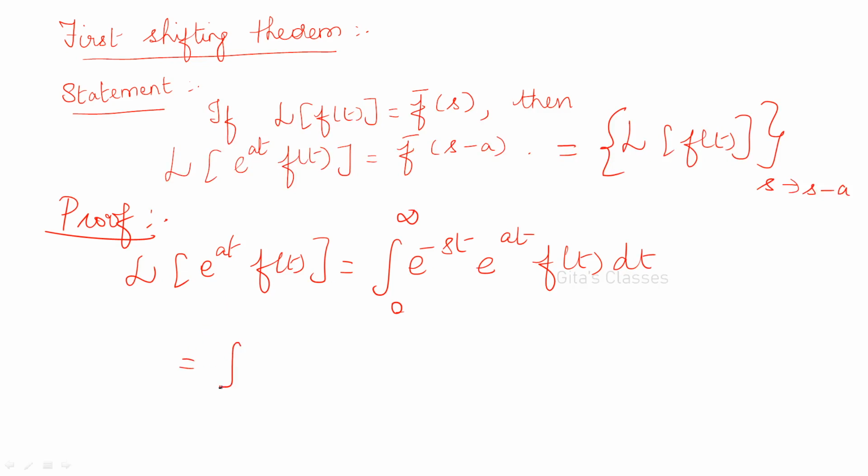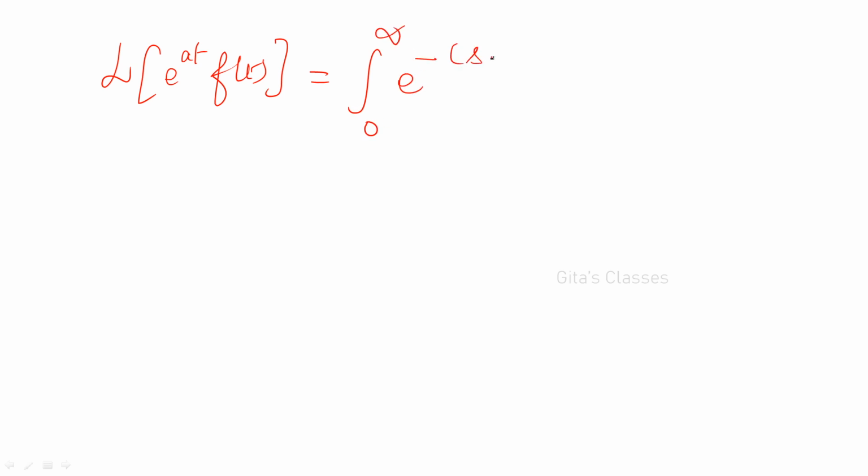That can be written as the integral from 0 to infinity of e power minus st plus at f of t dt. So I can write this as L of e power at into f of t is equal to the integral from 0 to infinity, I am going to combine this, that's all, of e power minus of s minus a t into f of t dt.